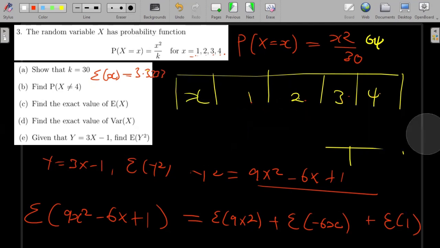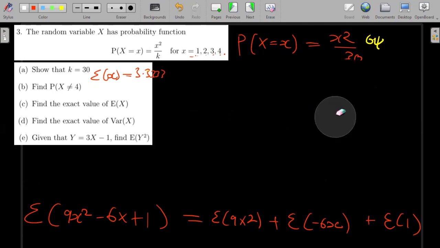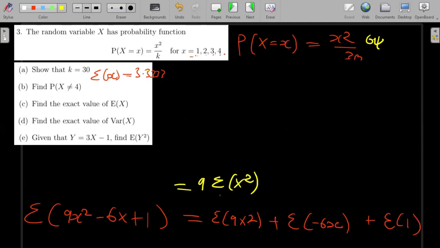From there, we take the 9 outside, so it's 9 times the expected value of x squared. Remember, we already found the expected value of x squared, and it was 11.8.